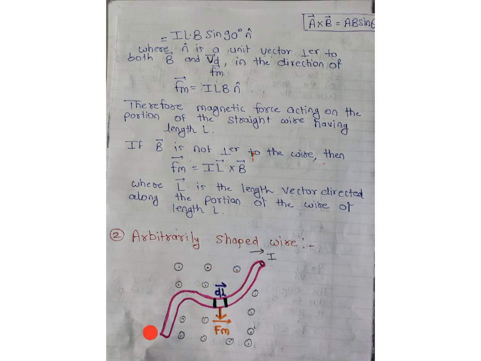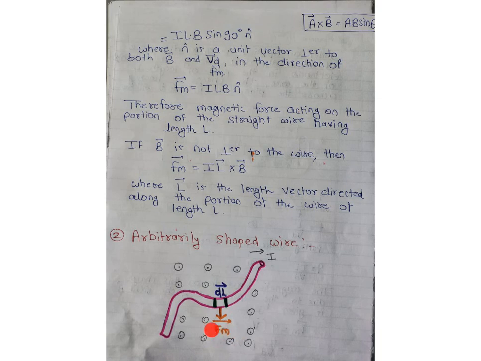In this diagram also, the magnetic field is out of the plane of the paper, that means outward. This is the current direction, that means the current I will be flowing in this direction, and this direction gives us the magnetic force direction.